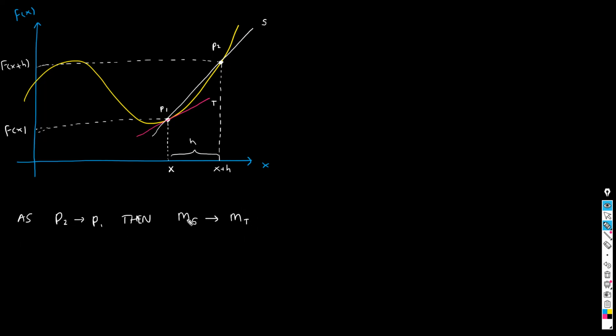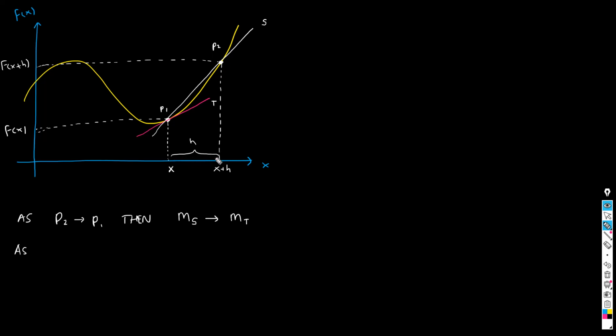Another way to say this exact same statement is the following. It's an equivalent way. As P2 approaches P1, this vertical line will move towards the left, and this increment h will be shorter. It will decrease.